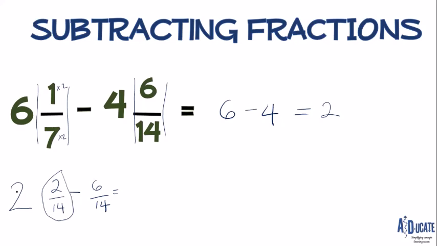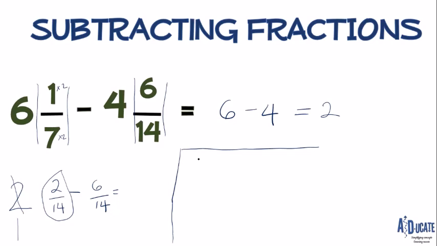As KJ said, we're going to take 1 from this 2. This 1 that we have taken from this 2, we need to add it to 2 over 14. So we're going to put it over here in this box.